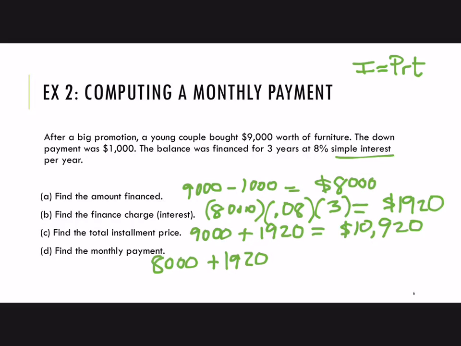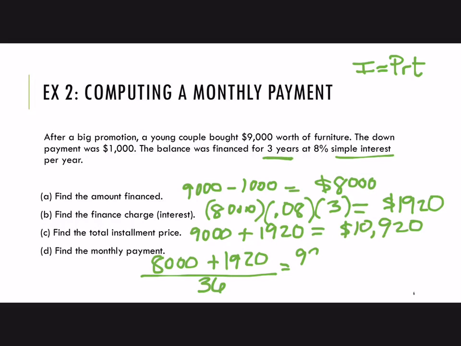And as we've done before with some previous calculations, to find a monthly payment, we want to divide by the number of months that they have to pay this off. All right, so this is a 3-year loan, so that would be, okay, 3 years is 36 months. So I'm going to divide this by 36 to get the monthly payment amount.